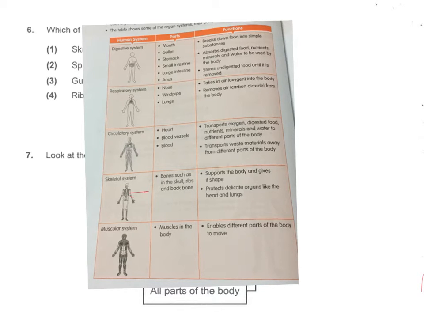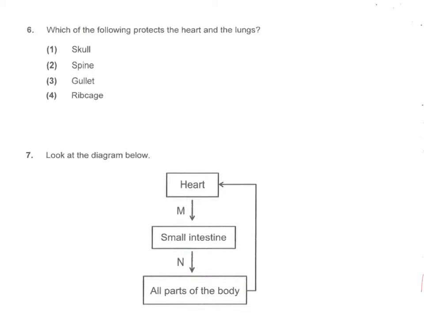Yes? So this is the rib cage here that protects the heart and lungs, and the rib cage forms part of the skeletal system, whereas the heart and lungs form part of the circulatory and respiratory system. So the straightforward answer for this question should be the rib cage.